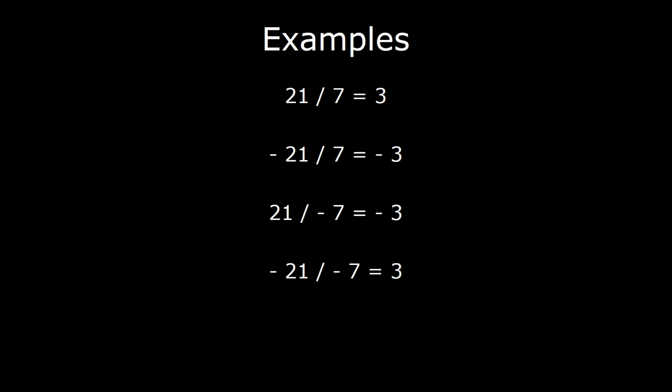What are the two numbers being multiplied here? 7 and something. Clearly 7 does not have a negative sign, it's a positive number, so that something must be negative, so it will be minus 3, not plus 3. So minus 21 upon 7 equals to minus 3 is what we get.